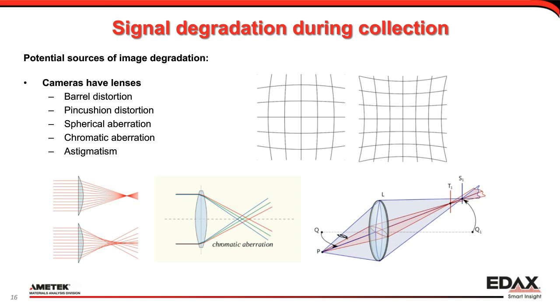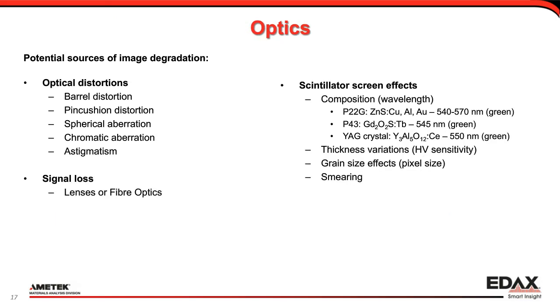And some more things, of course, it's not just the distortions, it's also a signal loss by whatever tool you use to transfer the light into your sensor. And there's the scintillator screen itself. There are different types of phosphors. Here I have just a general composition of P22G and P43 phosphor screens.